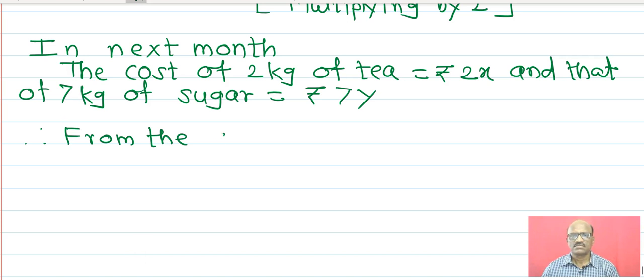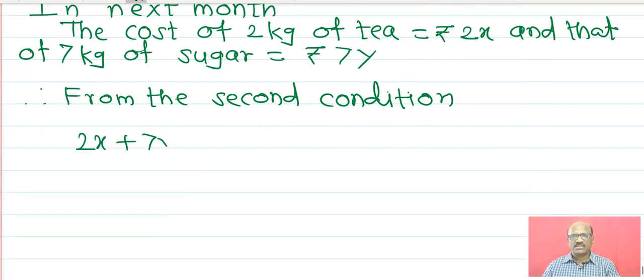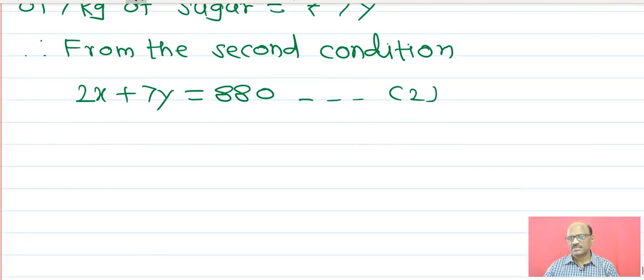Therefore, from the second condition, 2x plus 7y is equal to 880. This is equation number 2.